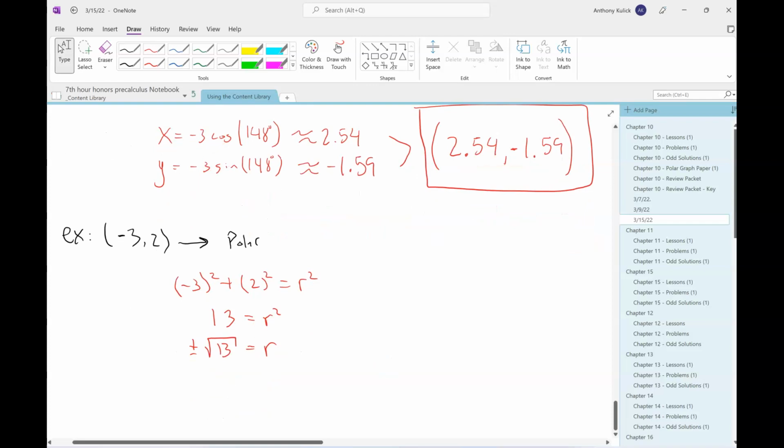Because I know that I can write a polar coordinate lots of different ways. Which way do you suppose Mr. Kulik suggests you use? The positive square root 13 or the negative square root 13? Yeah, why the positive one? Because you don't have to do the flippy flop, right? We have to remember to account for that, which is kind of a pain in the tuchus. So I would always choose square root 13.